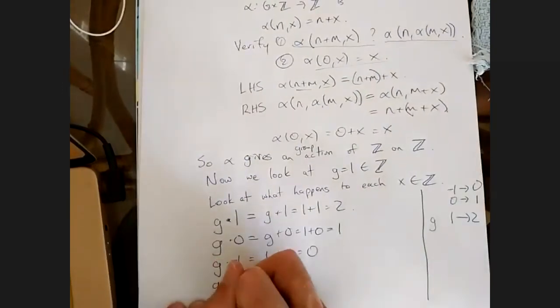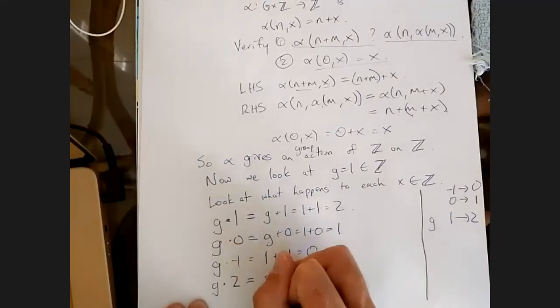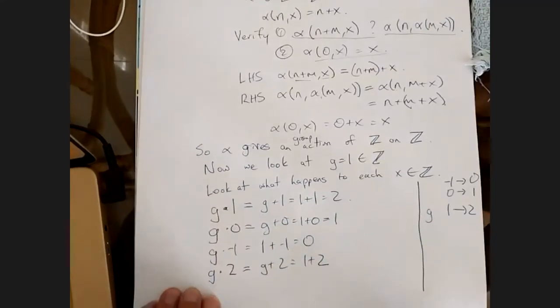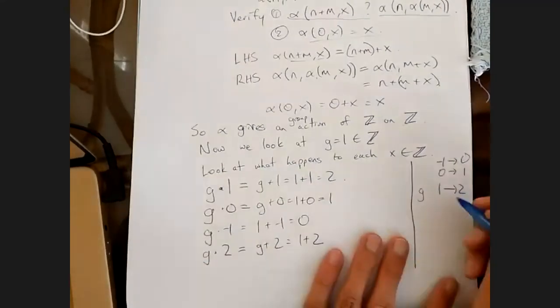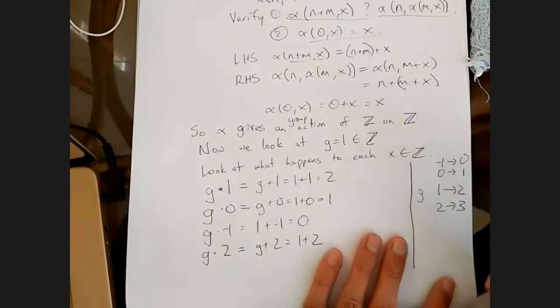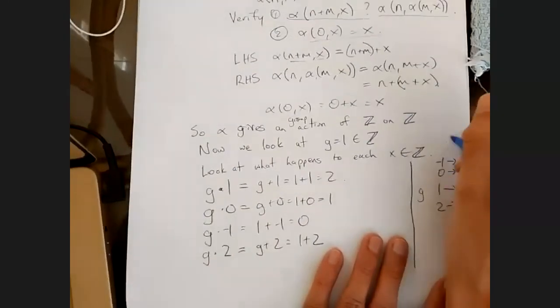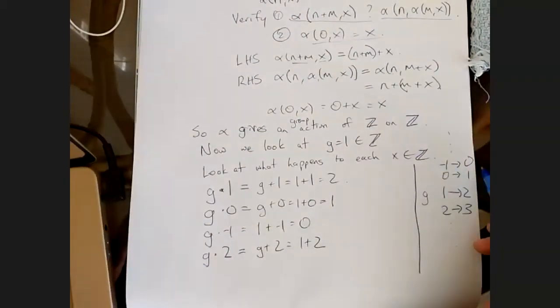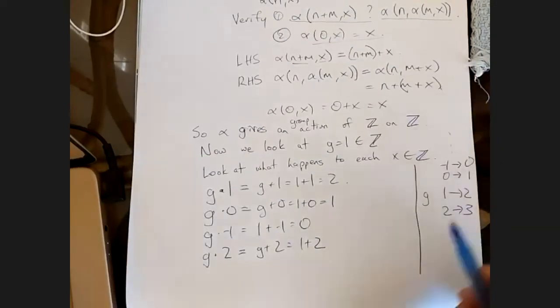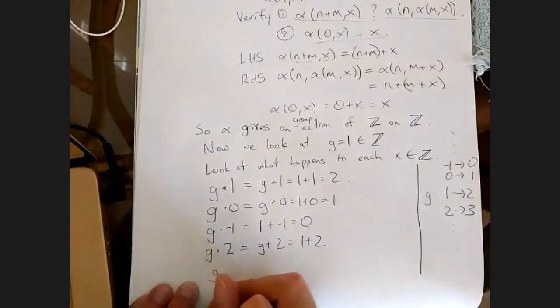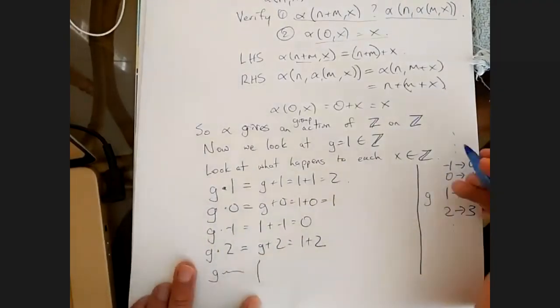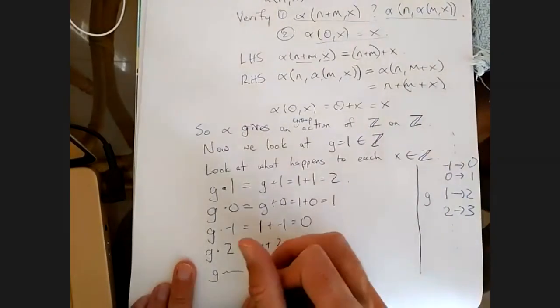What about 2? Well, that's just G plus 2. Again, you have 1 plus 2. Okay, so G sends 2 to 3. So G takes an integer and shifts it over 1. So G corresponds with this permutation on the integers, the shifting function, I guess.